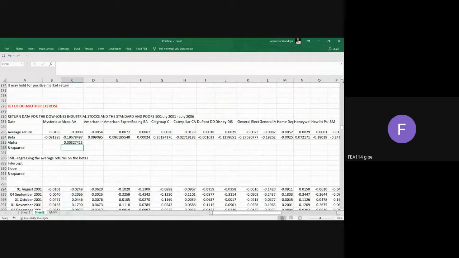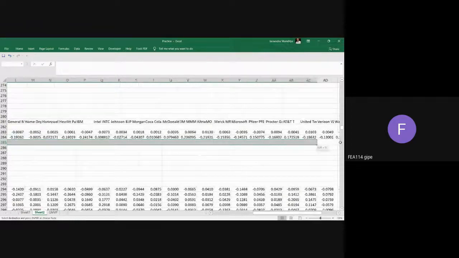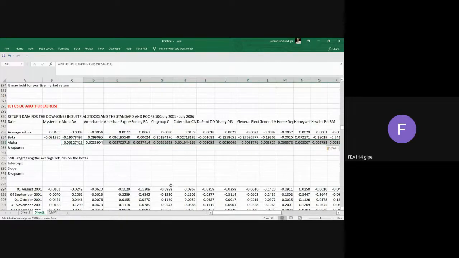So I got that, and then I copy this and paste it in all of them, so I get the Excel alpha. Here also let me calculate alpha, the intercept.